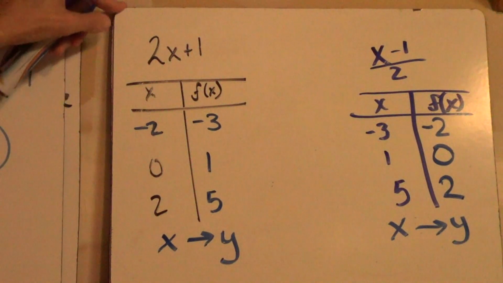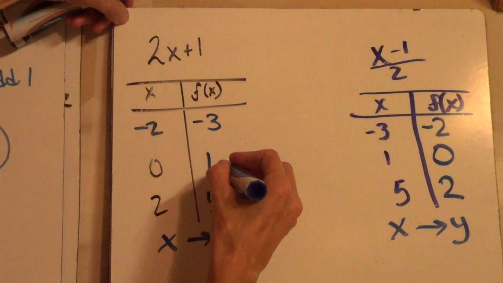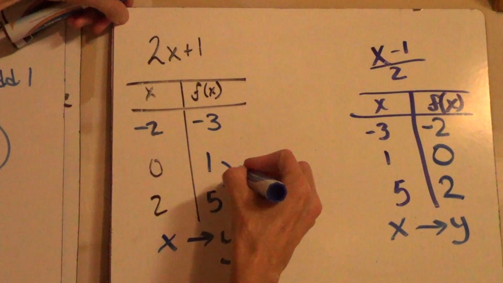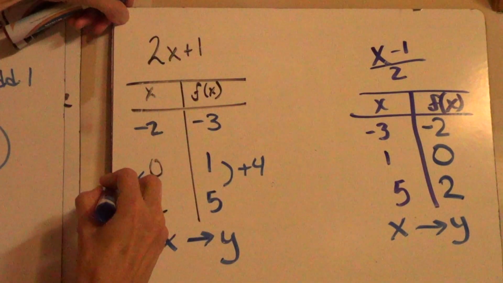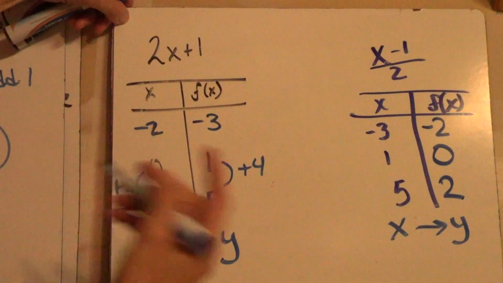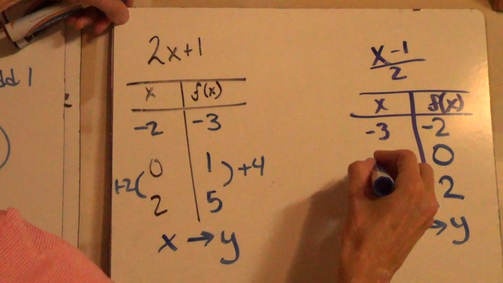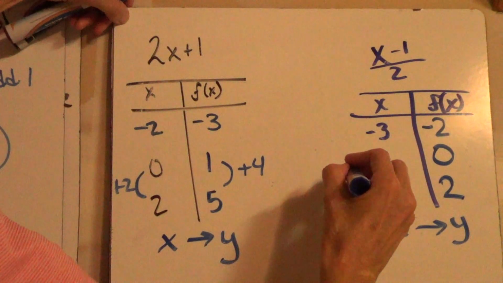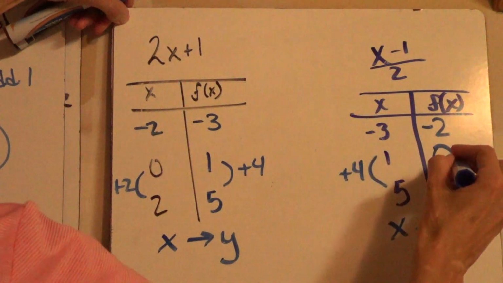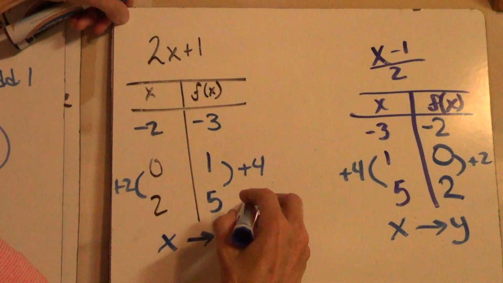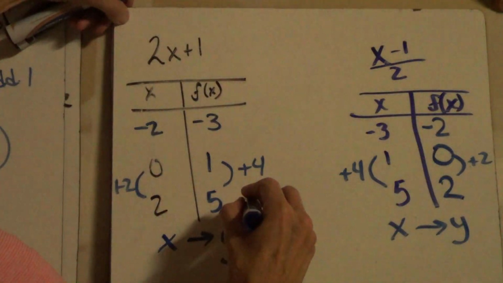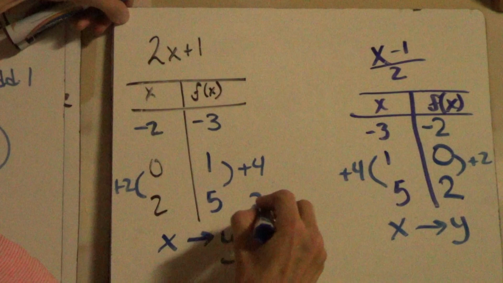Okay? Let's look just curiosity-wise at what the slope is. Here, this is a plus 4. This is a plus 2. I don't know if there's any correlation here, but it seems like there would be. This is plus 4. This is plus 2. So the slope for this one is 4 over 2, which reduces to 2.